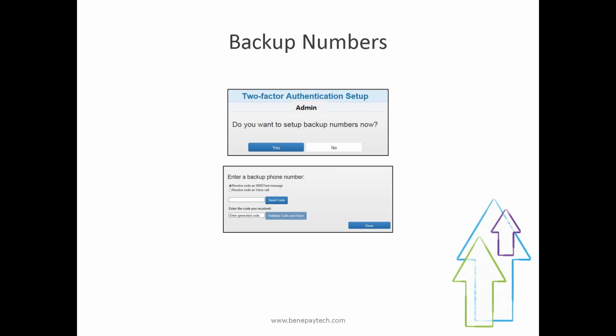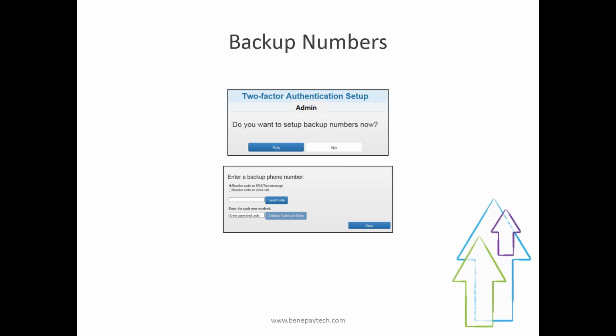After you have set up your primary method, the system will ask you if you would like to set up backup numbers. Backup numbers are not required, but are recommended. You can set up to 7 backup numbers. The backup numbers can provide you with a verification code if your primary method is unavailable. When entering a backup number, select whether you would like a text or voice call.